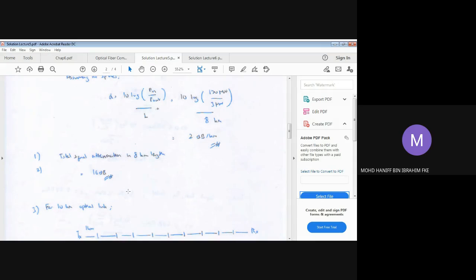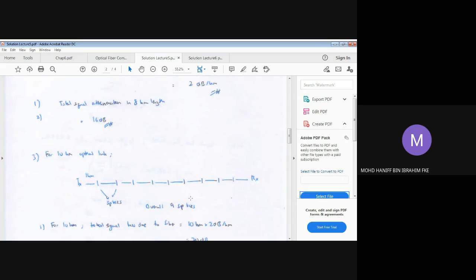For the third question, we have a 10 kilometer link, and for every 1 kilometer interval there is a splice. This is a diagram I sketched to define the placement of the splices. TX is the transmitter, the laser or power source, and RX is the detector where we detect the signal.